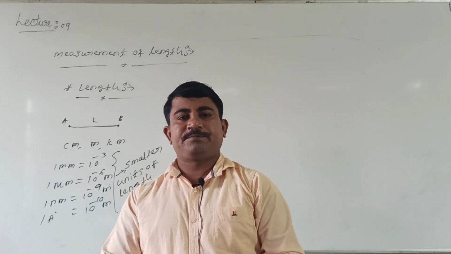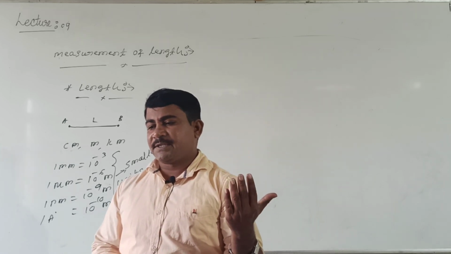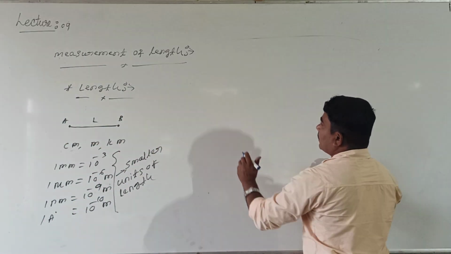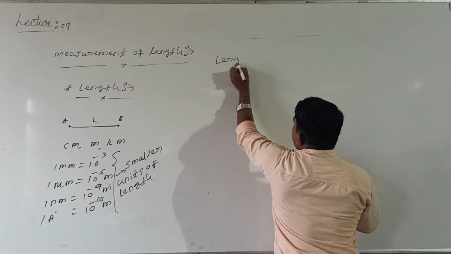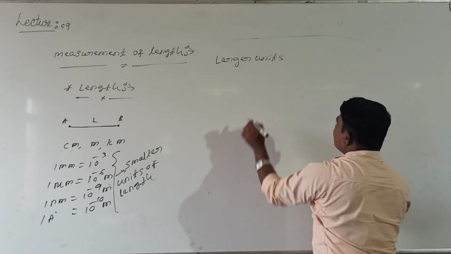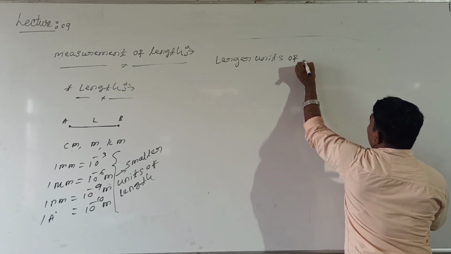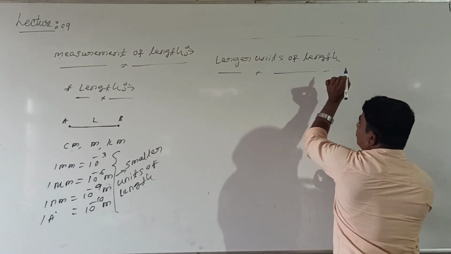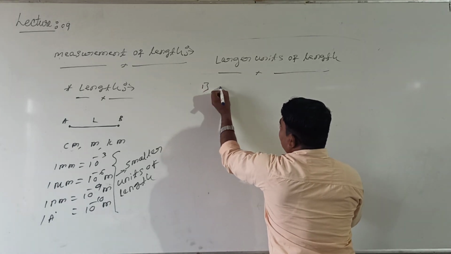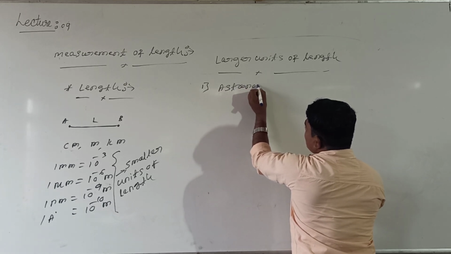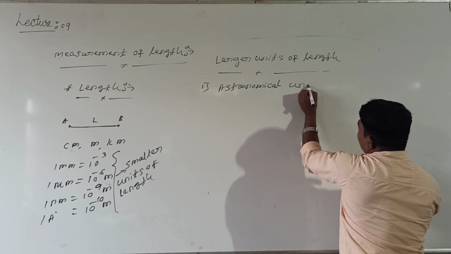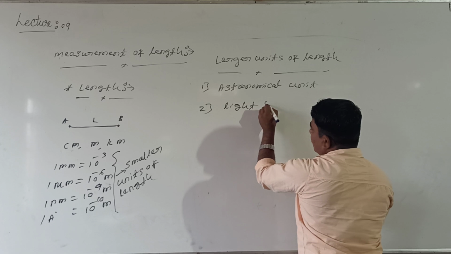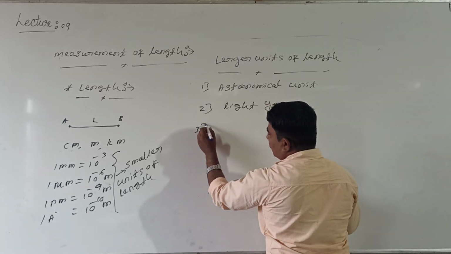One is astronomical unit, second one is light year, and the third one is parsec.